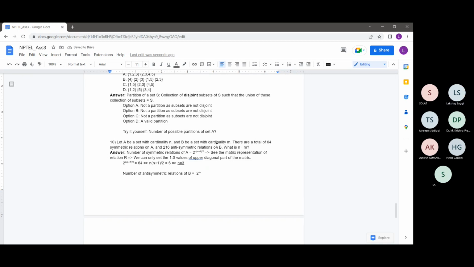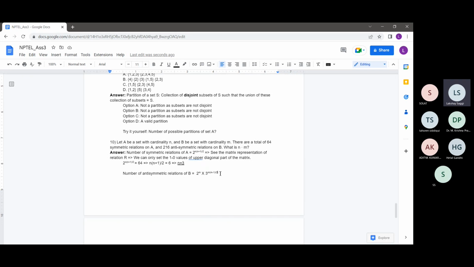times 3 raised to the power M(M-1)/2, or something along these lines, guys. Let me just quickly verify the formula in a second.